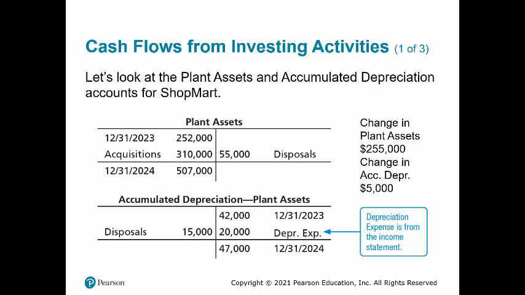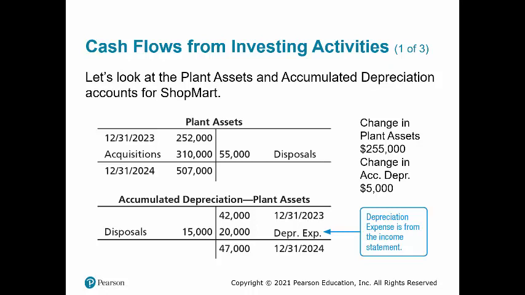Now, the information that we can derive from these T accounts will help us to complete the statement of cash flows. For one thing, we can see that we acquired $310,000 in plant assets. That is a use of cash.